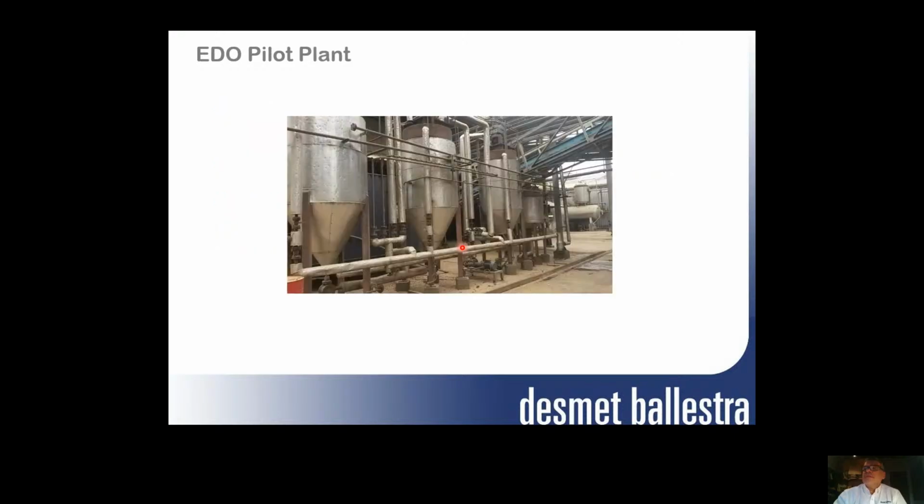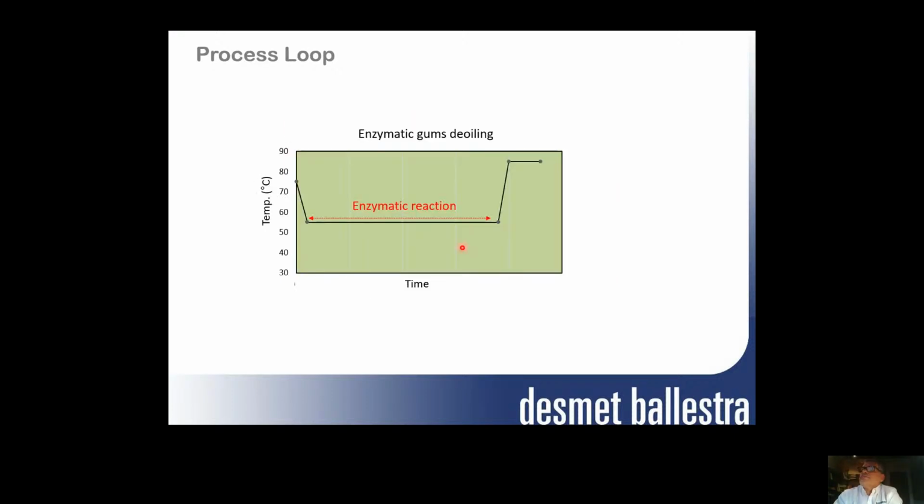Well, here we will see some of the figures of the pilot plant in Rosario in Argentina, as part of one of the bigger plants there. This is how the temperature profile of the process loop looks, where the gums come from the water degumming.